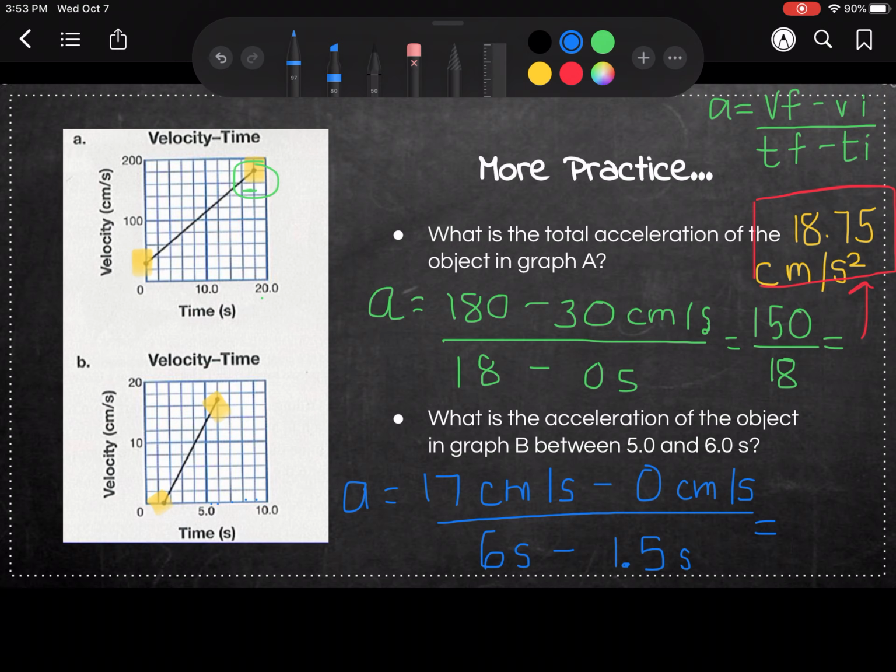And if we calculate that out, we get, hopefully, 17 minus 0 is 17. And then 6 minus 1.5 is 4.5. So we got 17 divided by 4.5, and this is centimeters per second.